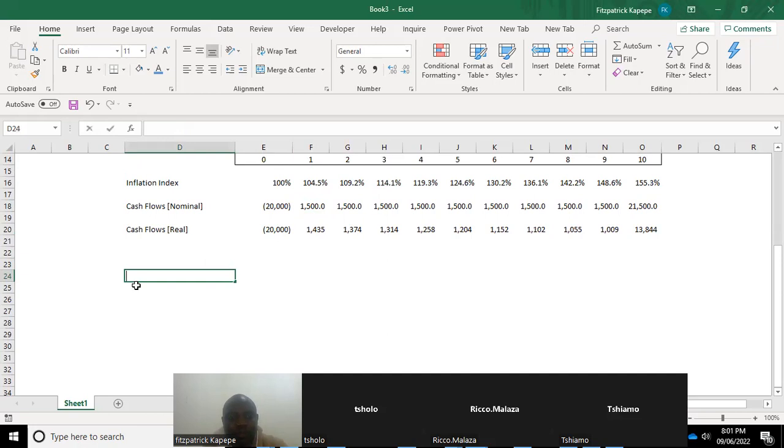So I'll say NPV nominal, NPV real. If what we have done is correct, there shouldn't be a difference between the NPV nominal and NPV real.